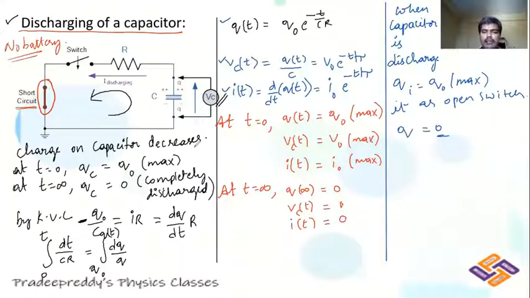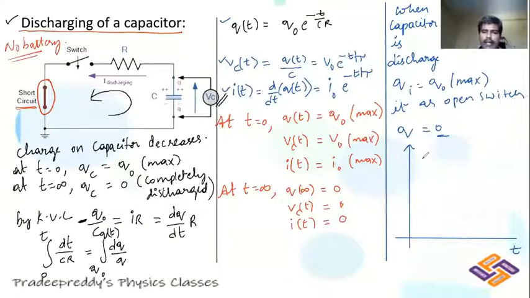And remember, in case of discharging, only one graph in common you will be getting, and that graph will be like this. You can take any parameter on the y-axis; on the x-axis, it will definitely be time. It may be charge, or voltage, or current.